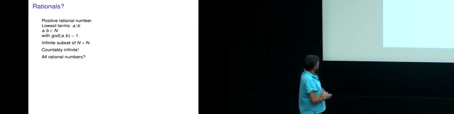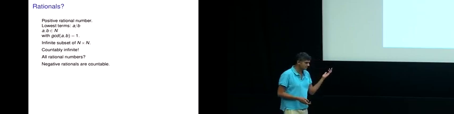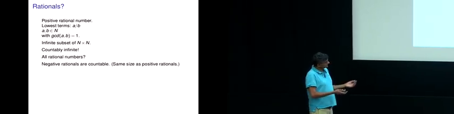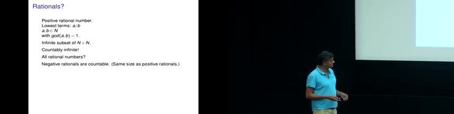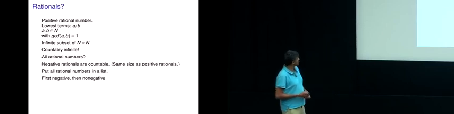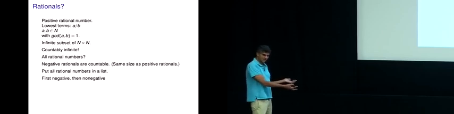Now these are only the positive rational numbers, so the negative rationals are countable by the same argument. And in some sense they're the same size as the positive rational numbers. So you can put all the rational numbers in a list by first putting all the negative rational numbers and then putting all the positive rational numbers.